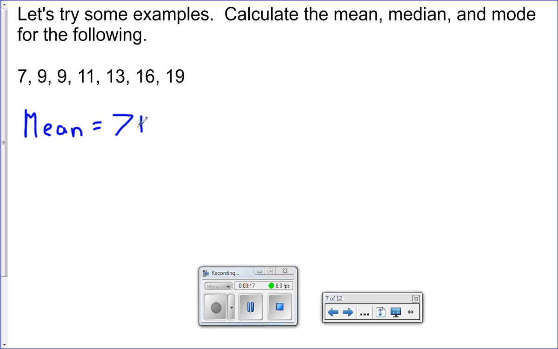It's taking me a little longer to write with my smartboard pen than it would take you to calculate this on your own, so this is giving you plenty of lead time to go ahead and calculate this.